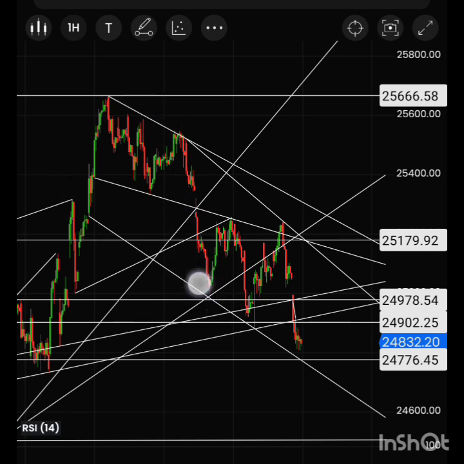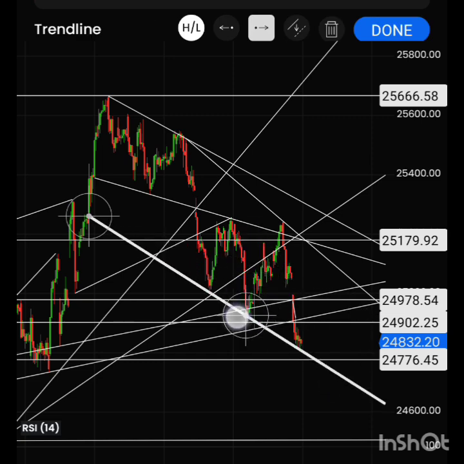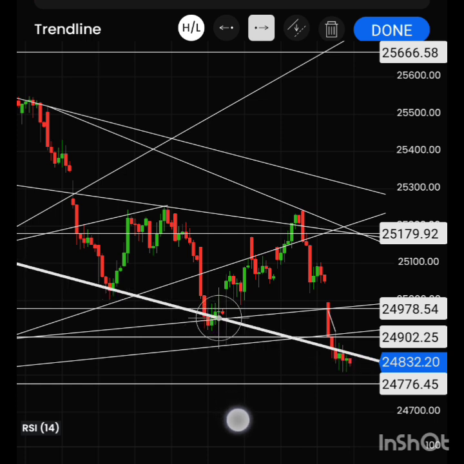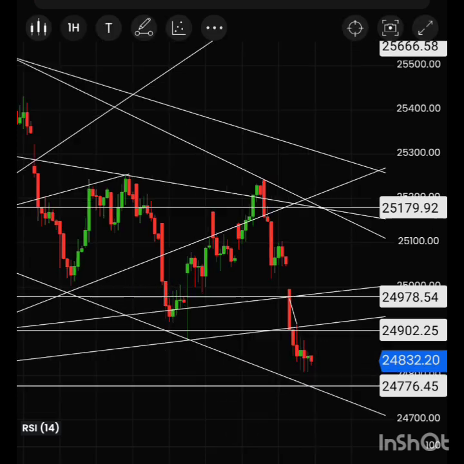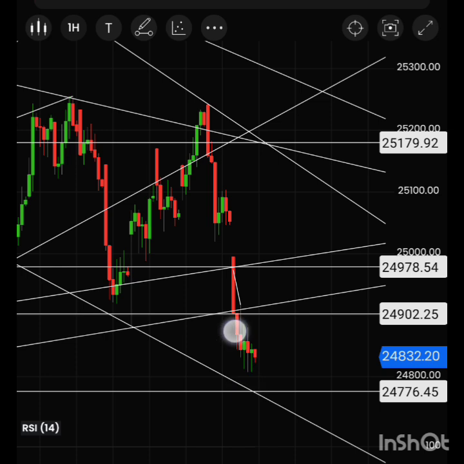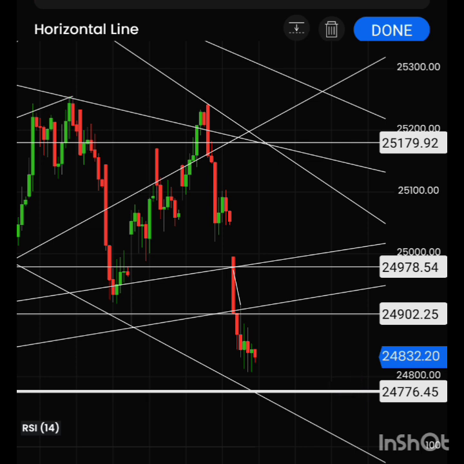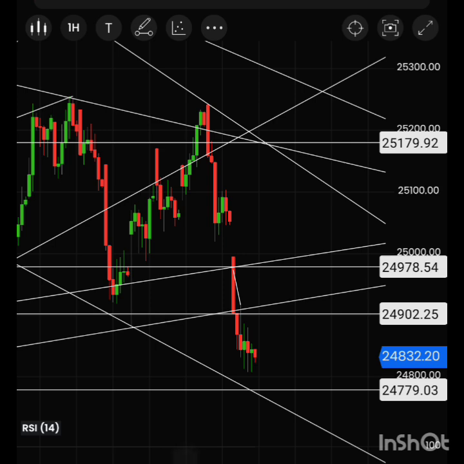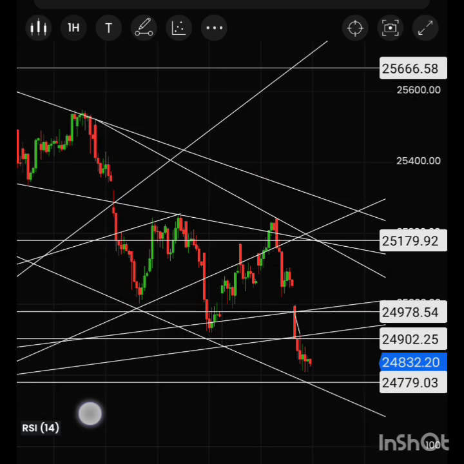It touches and bounces back, then again this line touches and bounces back. The next one coming is here, around 24,775 to 770 range. That means the 24,770 range. If we do not bounce back here, then we have a negative downside movement again.